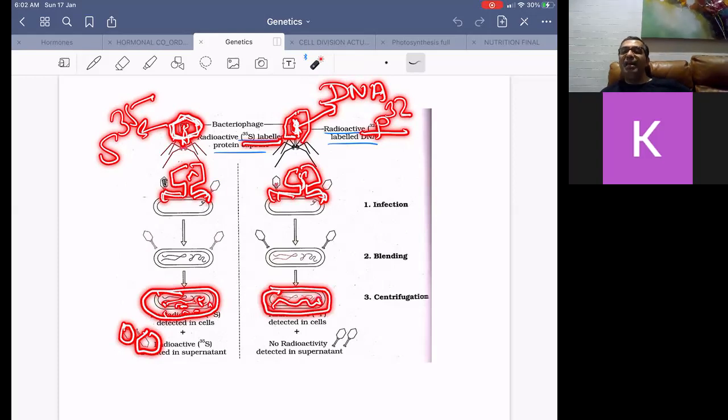So, what must have happened when the S35 capsule was allowed to coat?